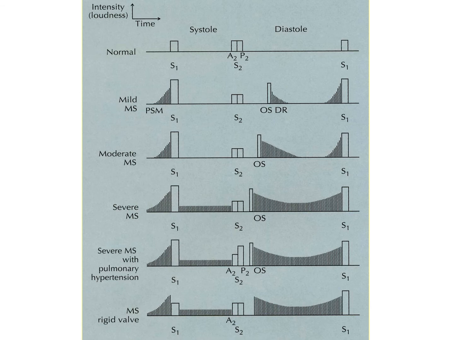In severe mitral stenosis, the murmur is louder and lengthier and the opening snap is more and more closer to the second heart sound. In severe mitral stenosis with pulmonary hypertension, the pulmonary component of the second heart sound is loud, the opening snap is very close to the second heart sound, and the murmur is very long, mid-diastolic with presystolic accentuation. In mitral stenosis with a rigid valve, the opening snap is no more heard.